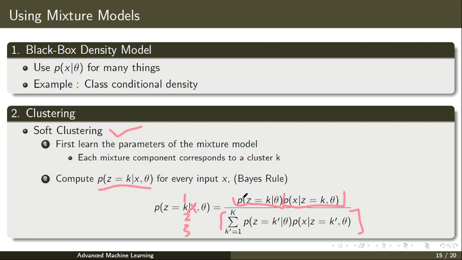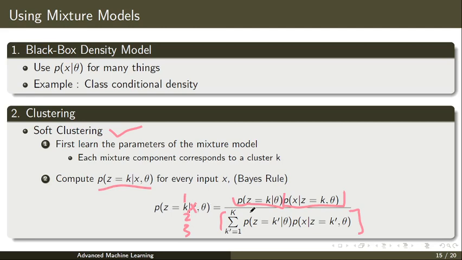Once we identify z, we can calculate the prior distribution, probability of z equal to k, and of course, we need to estimate the parameter theta. After that, you apply Bayes rule and find the probability of z, which is just the opposite of what we have seen in the previous case.